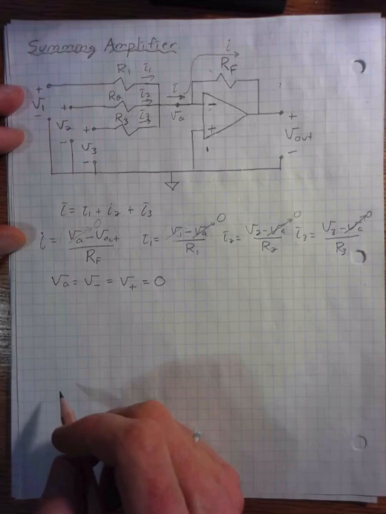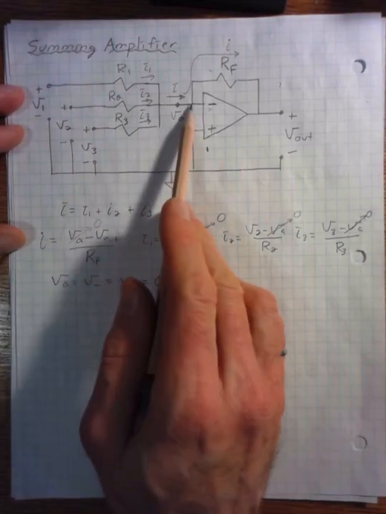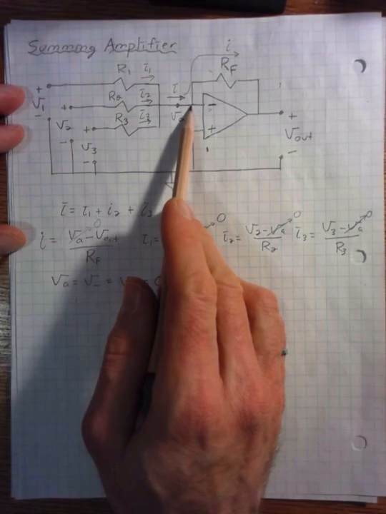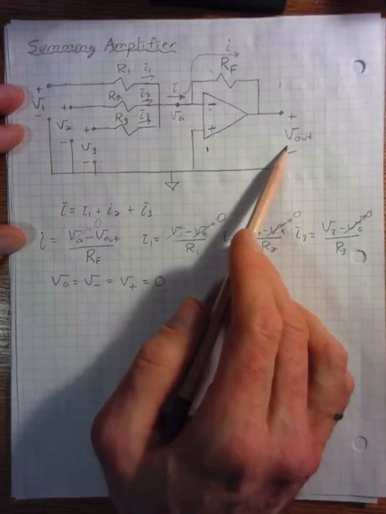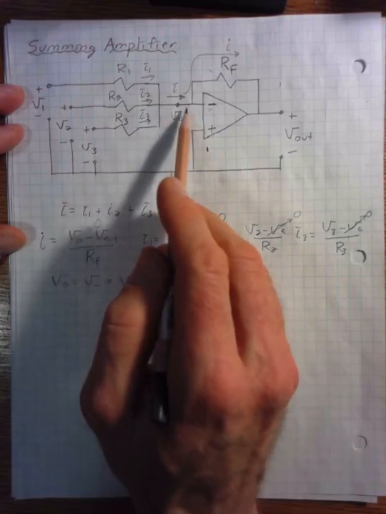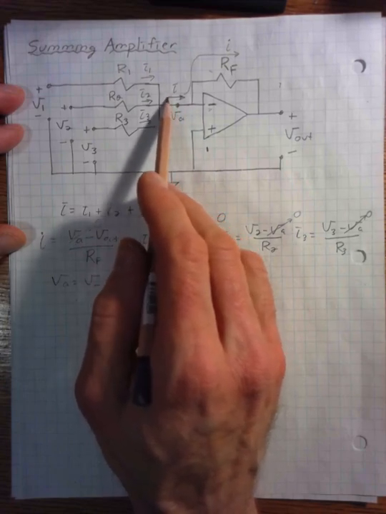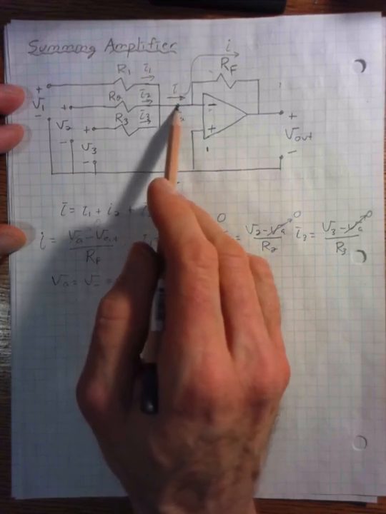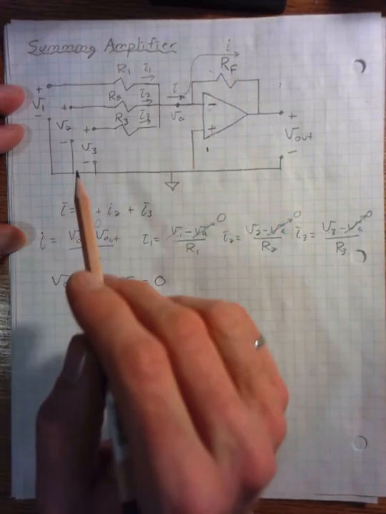And you might say, well, wait a minute, since we're basically shorting this voltage to ground, how does any signal get out of this OpAmp at all? Remember that the voltage at this point is 0, but the current is still flowing, right? We've still got this total current I that is flowing through this branch and then gets redirected to flow through RF.